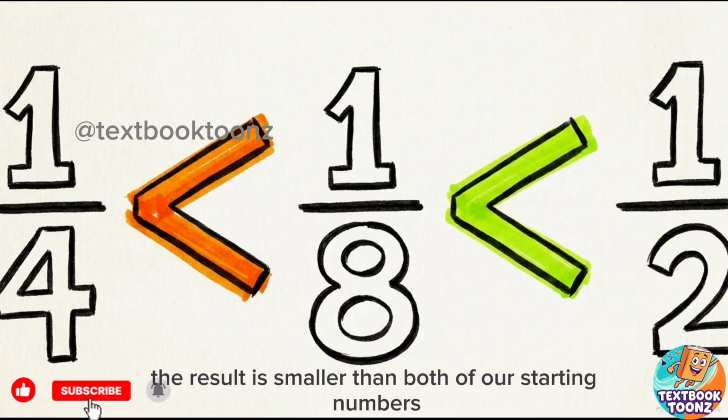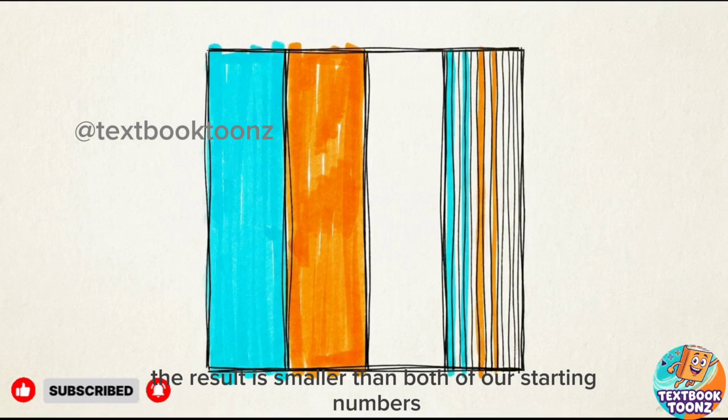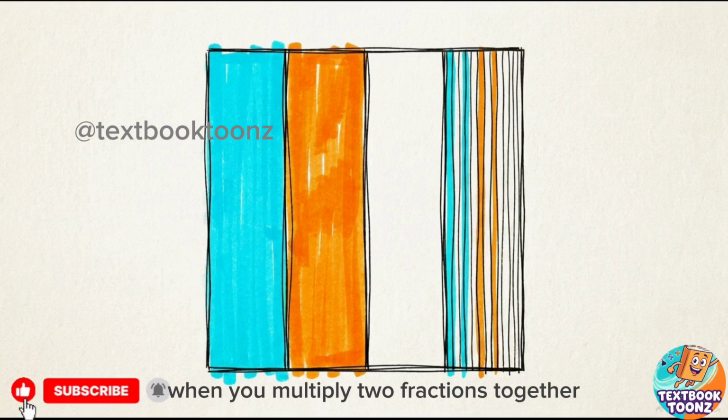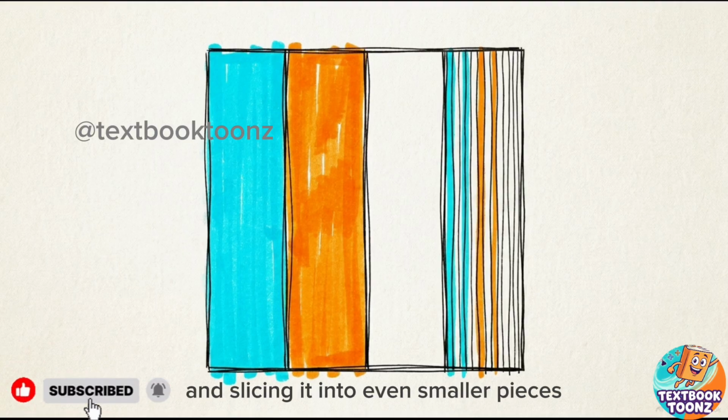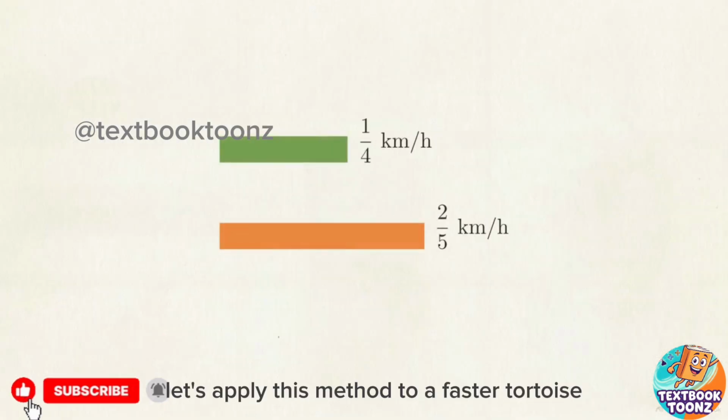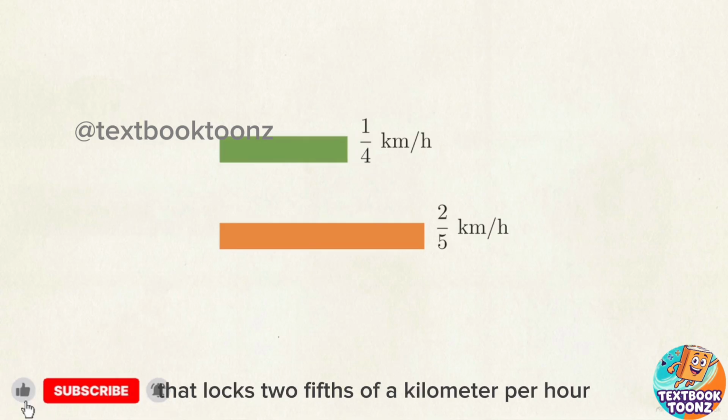The result is smaller than both of our starting numbers. When you multiply two fractions together, you are taking a piece of a whole and slicing it into even smaller pieces.